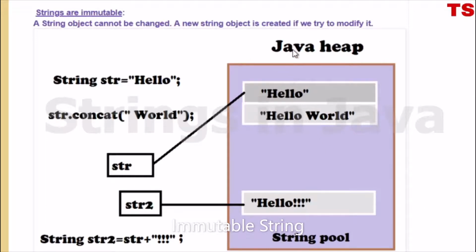The diagram contains a memory area, the heap, which stores the objects, and the string pool is a memory area on the heap where string literals are stored.